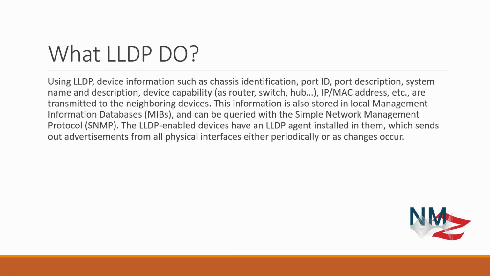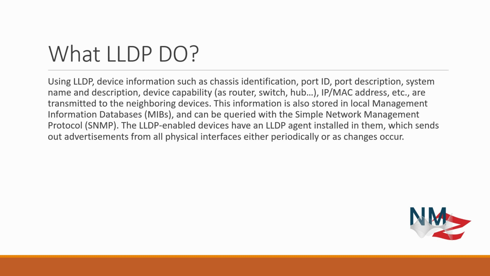What does LLDP actually do? LLDP sends information about the chassis number, the port ID, description, host name, and other information like the IP address, the MAC address, and so on to its neighbor. On the neighbor side, this information is stored in the local management information database called the MIB, which is a temporary database.